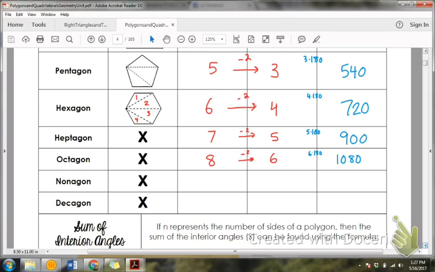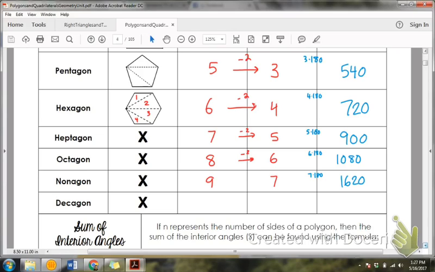What about a nonagon? That's a funny word. Nonagon, how many sides do you think that is? 9. Okay, so we've gone 1, 2, 3, 4, 5, 6, 7, 8, 9. A nonagon is 9, not a ninagon. So this one's going to have 7 triangles. 7 times 180 is 1260.